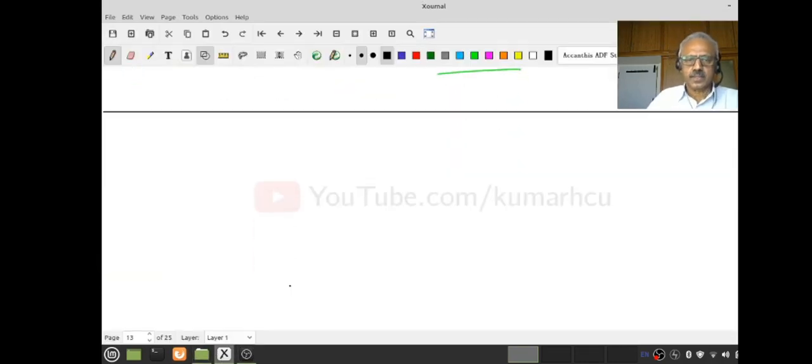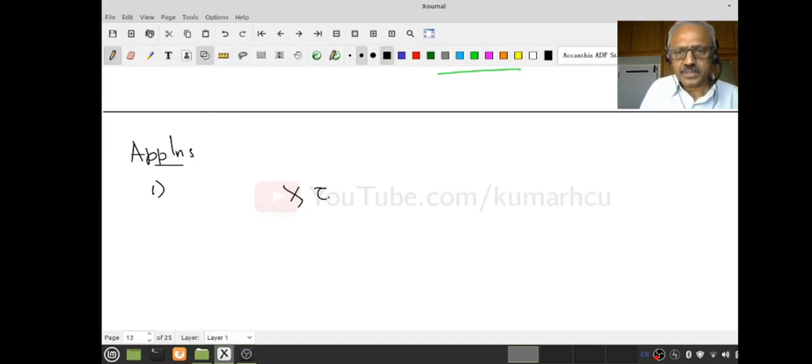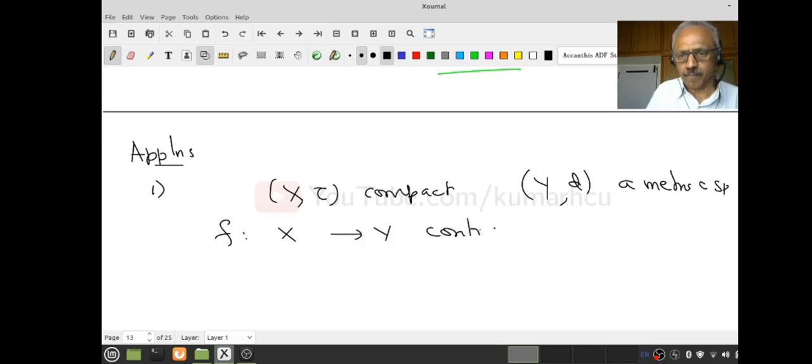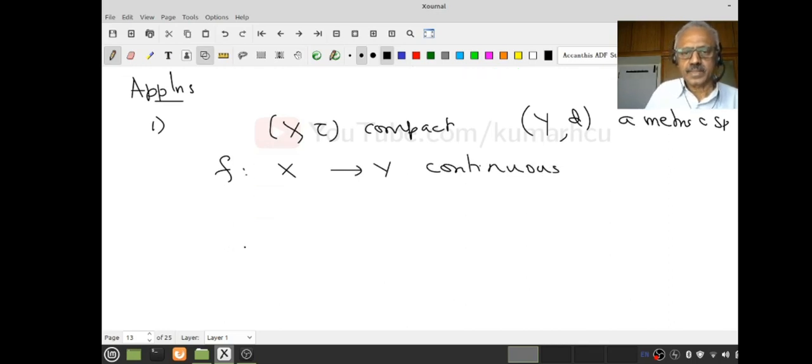Yeah, so let us look at some applications. Okay, number one, this is the most general application. Suppose (X, tau) is a compact space and (Y, d) a metric space. Let f from X to Y be a continuous function. Now by the last theorem I know f(X) in Y is a compact subset.